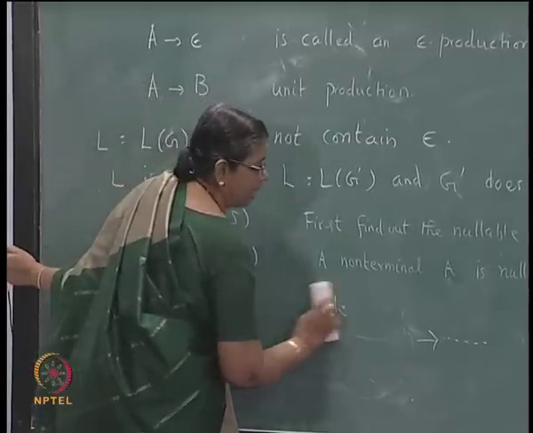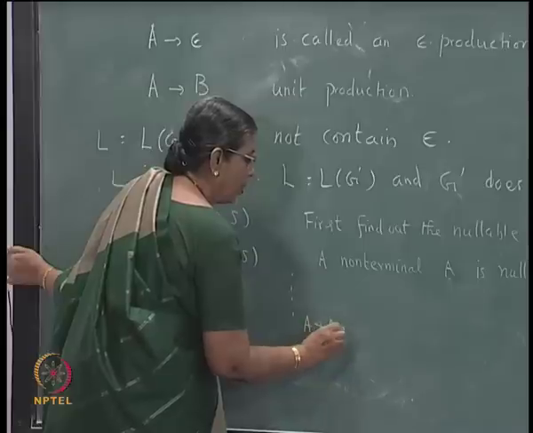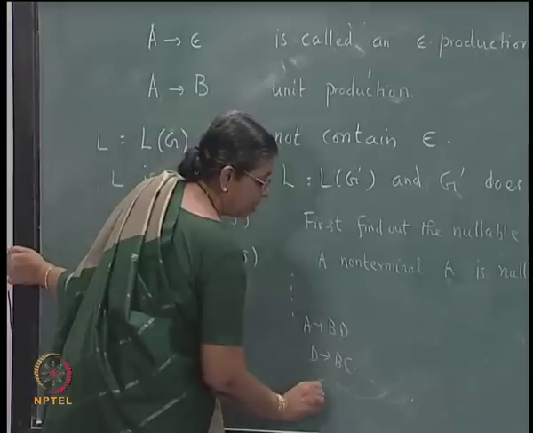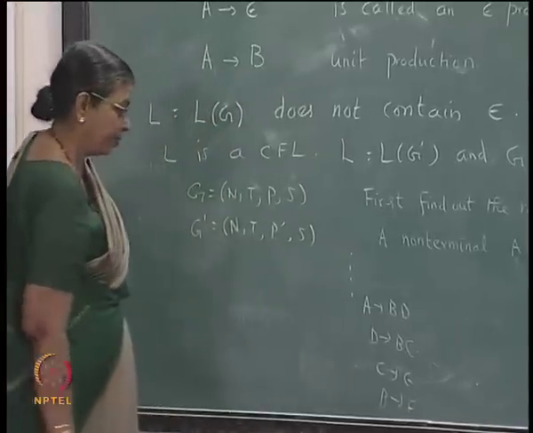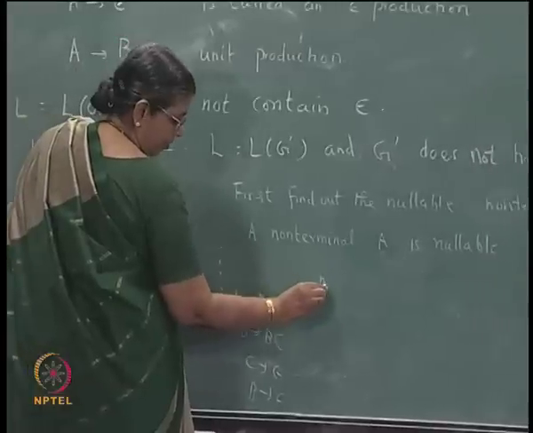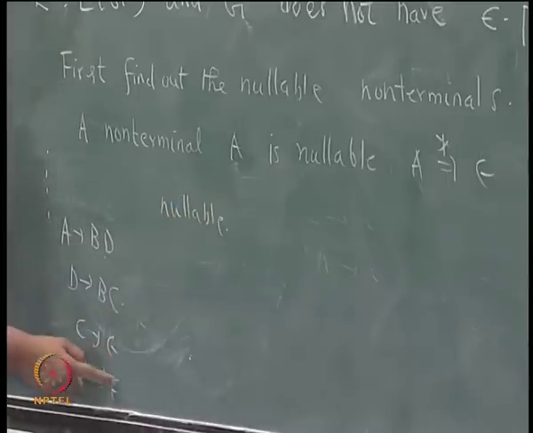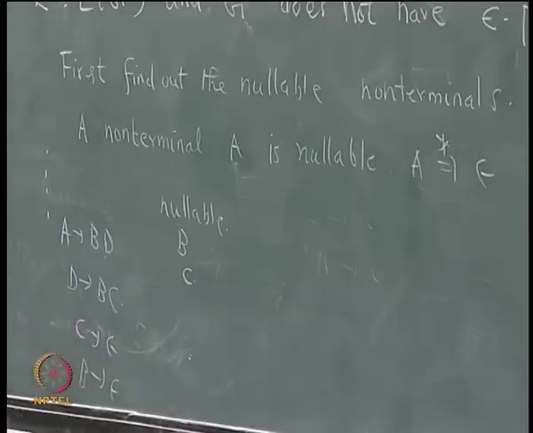For example, you may have a grammar having a number of rules. In that I have A goes to BD, D goes to BC, C goes to epsilon, B goes to epsilon. So, when you find nullable non-terminals, you have right hand side epsilon for B and C. So, first you will include B and C. Then look at the right hand side which has only B and C occurring.